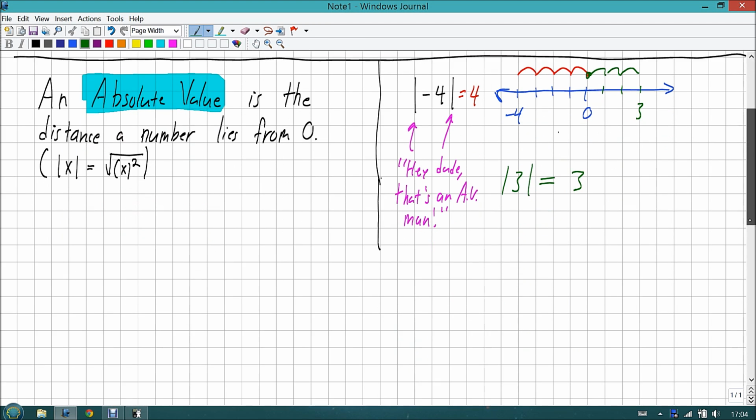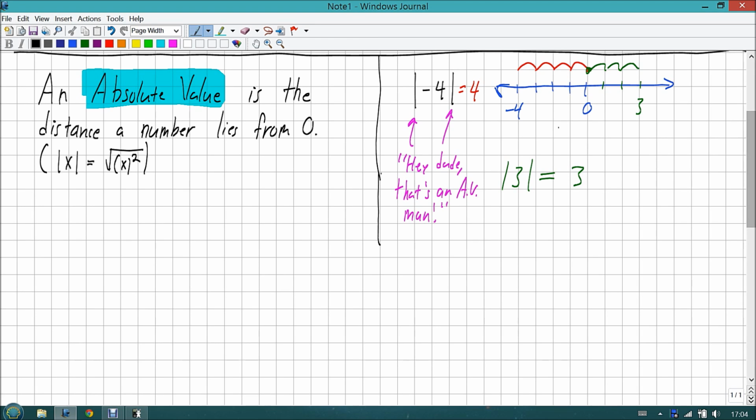What does this mean in what I like to call layman's terms? What does this really mean in an English that I can understand, not this mathanese stuff? Well, what this means for me is that absolute values remove negative signs at the end.